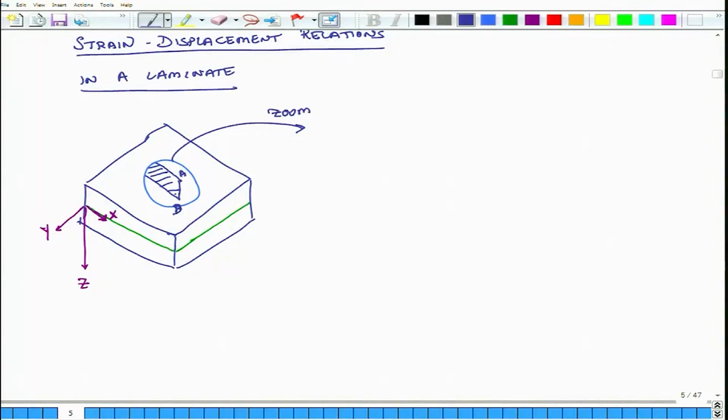This is the undeformed position. When I look at the undeformed position, it looks like this.